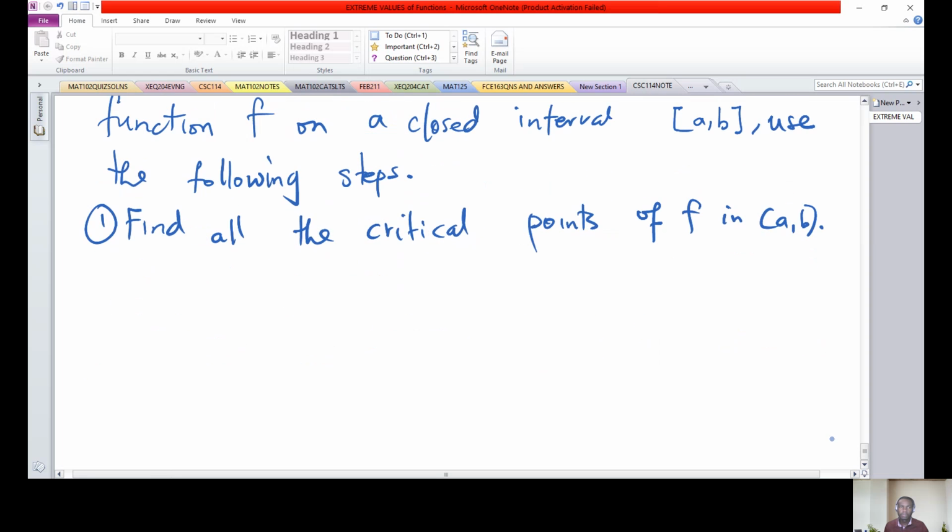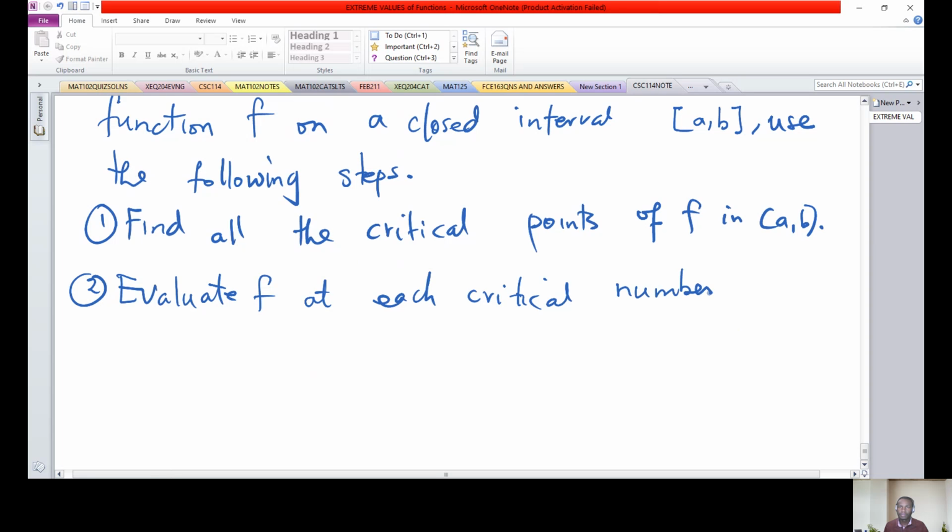Step 2, evaluate f at each critical number. I say critical points or critical numbers in this open interval (a, b).